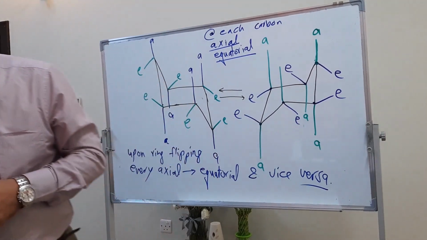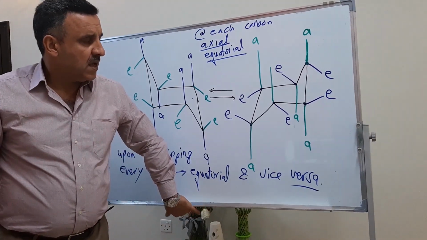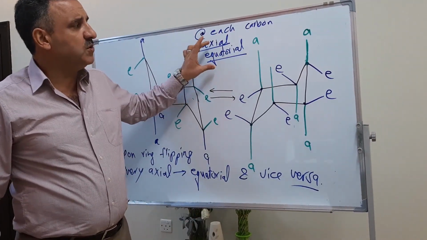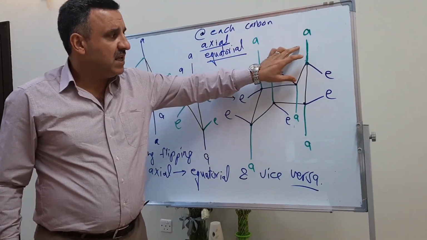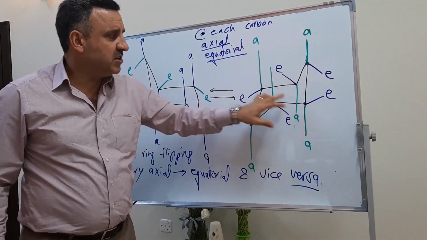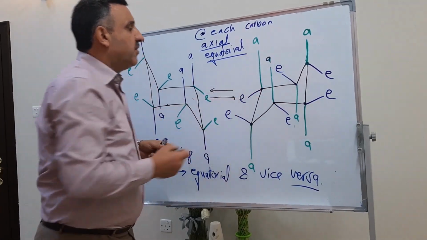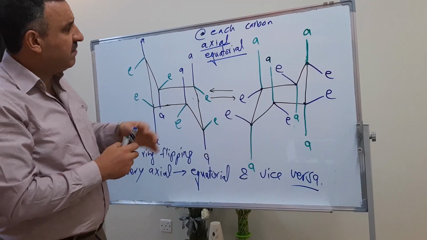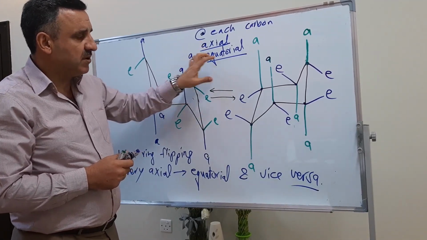Okay. So again, as I said, at each carbon we have 2 types of bonding. One we call axial. These are the green ones, you can see them. These are the axial bonds. Do you follow me? And we have the equatorial bonds. Let's first define the axial bonds.